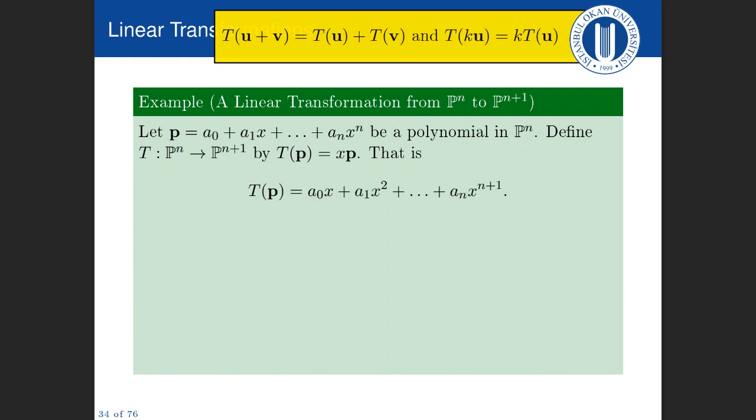We're going to define a function T from Pn to Pn plus 1 by T of P is equal to x multiplied by P. So in other words, we take our polynomial P and we multiply it by x. So a0 becomes a0x, a1x becomes a1x squared, all of the way up to anx to the n, multiply it by x, and we get anx to the power n plus 1.